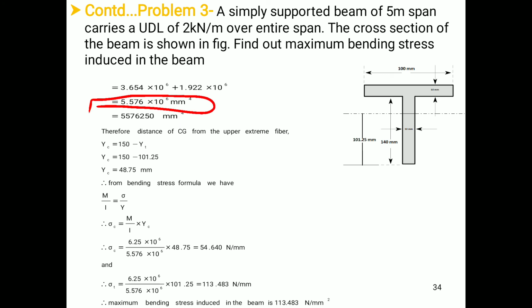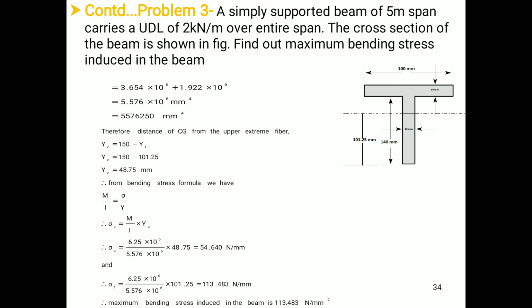In this manner, we have found the moment of inertia for the entire section. We have found the maximum bending moment, as it is simply supported and subjected to UDL. We have also found the position of the neutral axis.